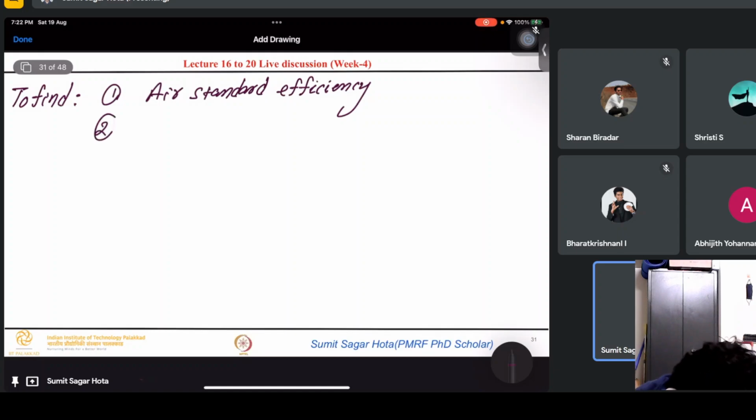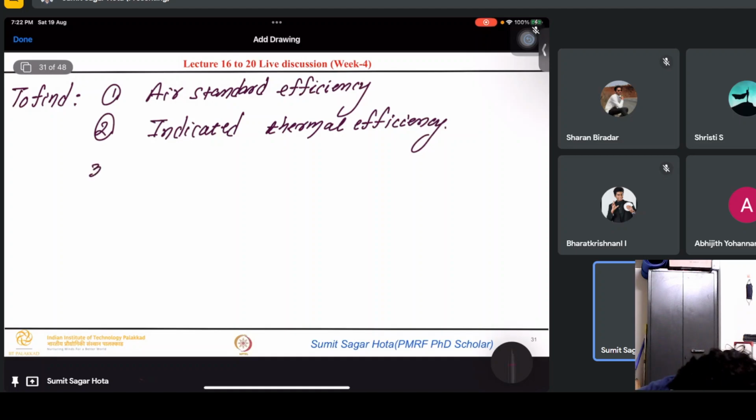Second, indicated mean effective pressure. Third is the fuel consumption per hour.